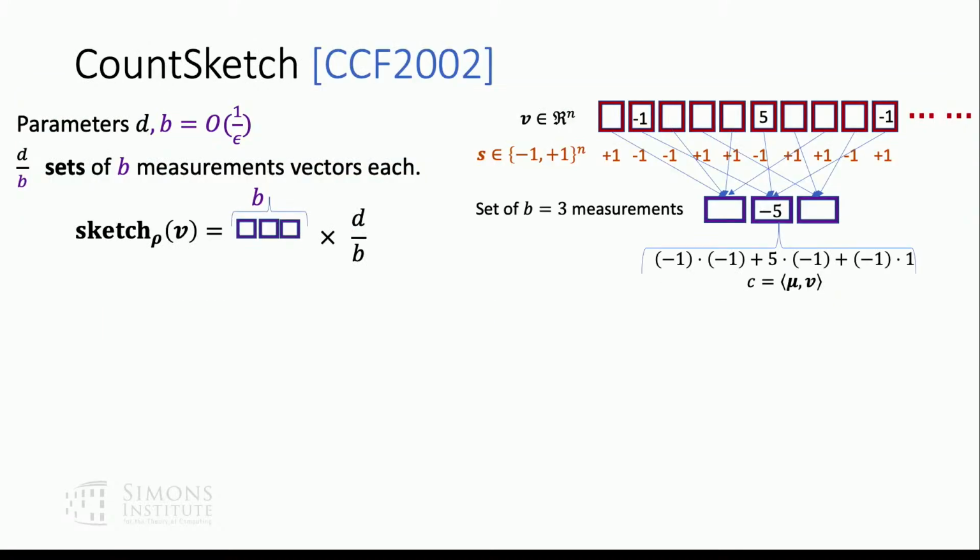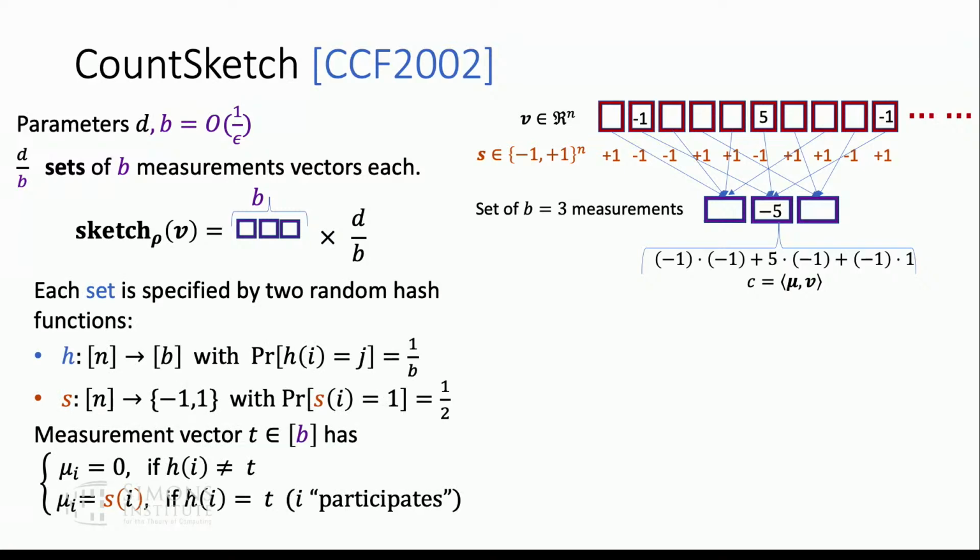Okay, so this is what count sketch looks like. d is the number of linear measurements, and there is a parameter that depends on your epsilon, about 1 over epsilon, which is the width of the sketch. The d measurements are divided into sets of B measurement vectors each, and each set is specified by two random hash functions.